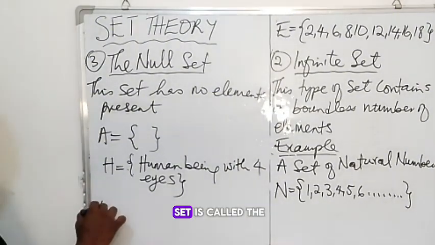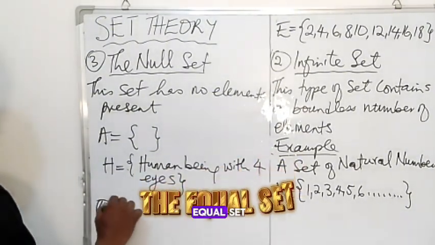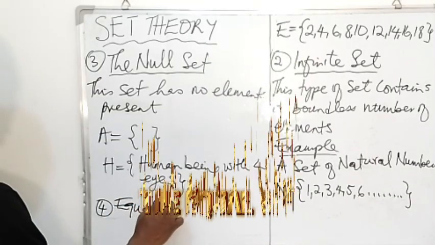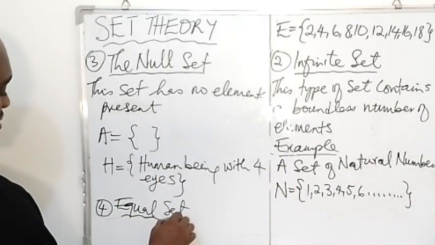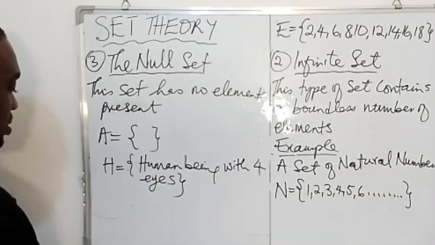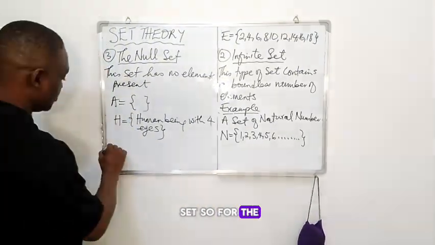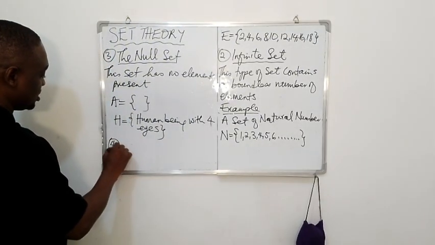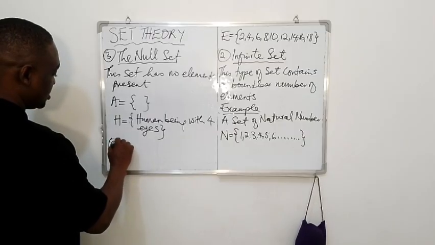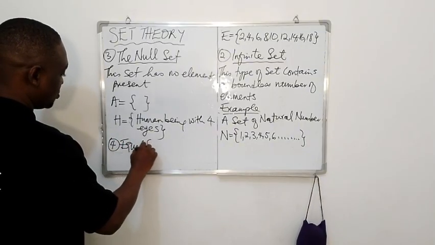The fourth kind of set is called the equal set. So for the fourth set, equal set.